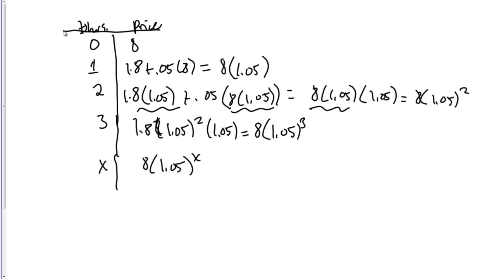Now we can see somewhat of a correlation between this and linear functions, where in linear functions we started out with the original amount, and we added, multiplying by the rate times the x to get our y.